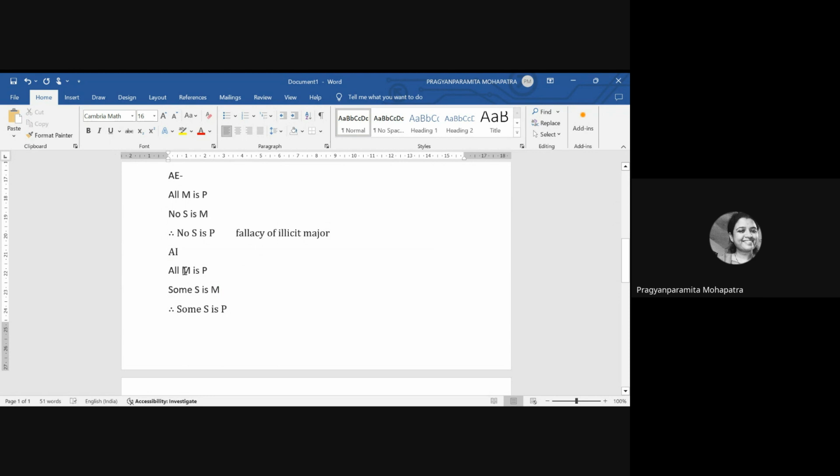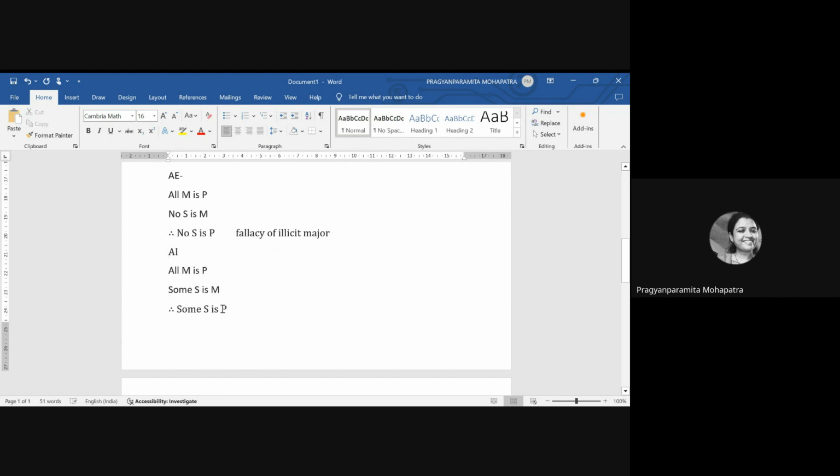The middle term is distributed here in the A proposition, but it is not distributed in the minor premise. So it does not violate the rule, because the middle term must be distributed at least once. So here, some S is P.